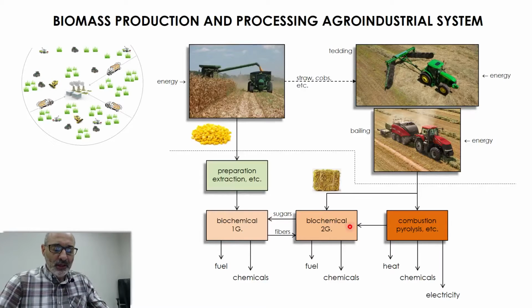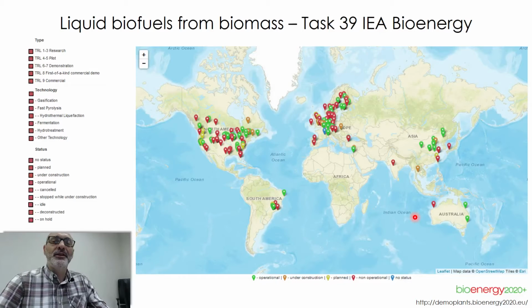So every unit that processes some kind of agricultural feedstock in order to produce fuel, no matter if it's 1G, 2G, or thermochemical, is listed here, okay? So all kinds of technologies: gasification, fast pyrolysis, hydrothermal, and so on.